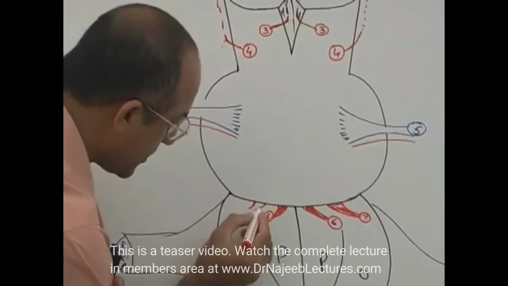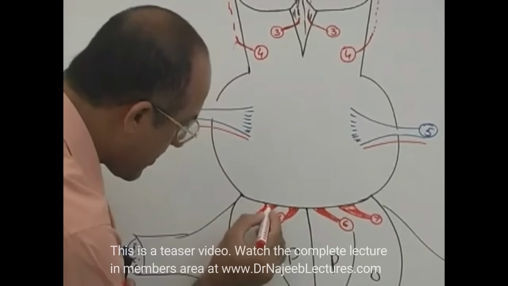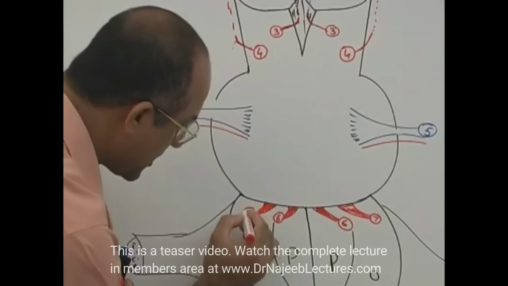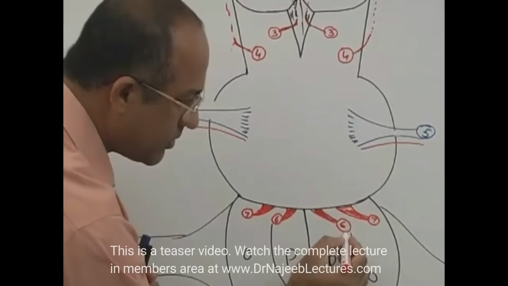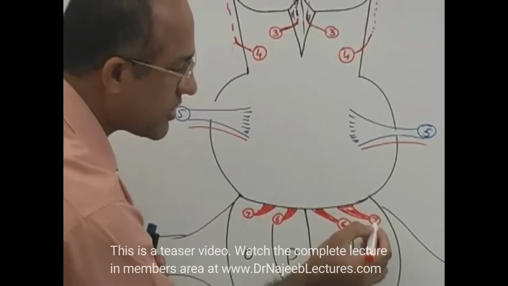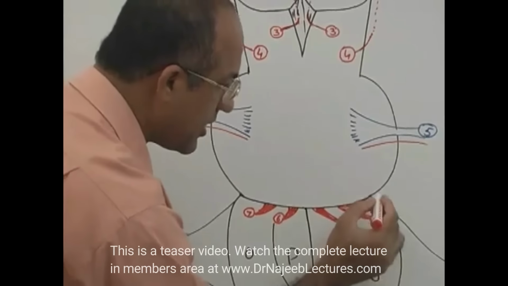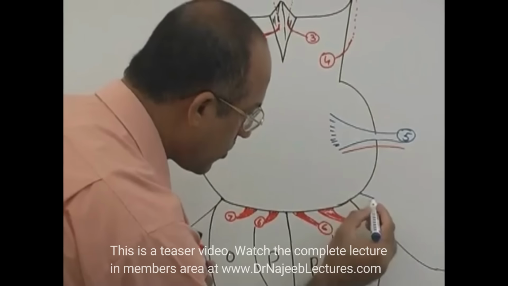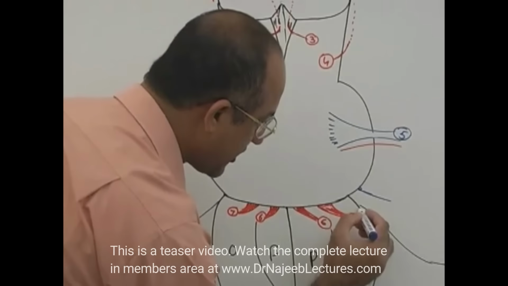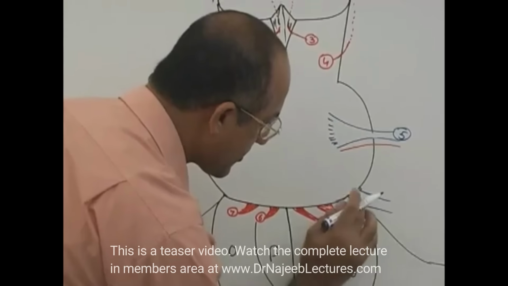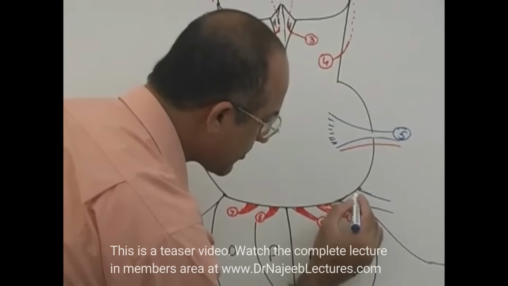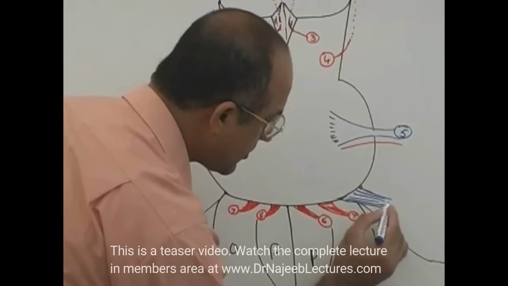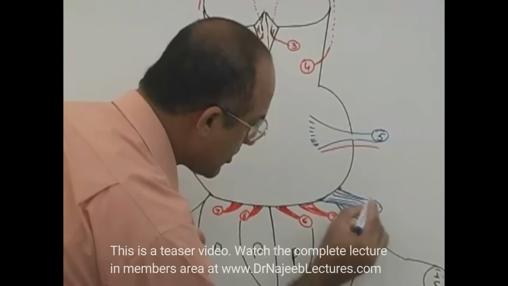And the 6th nerve is which one? Abducent, which abducts the eyes. And what is this? 7th. 7th is facial, and then what is this nerve at the ponto-medullary junction coming out? Yeah, this is 8th.